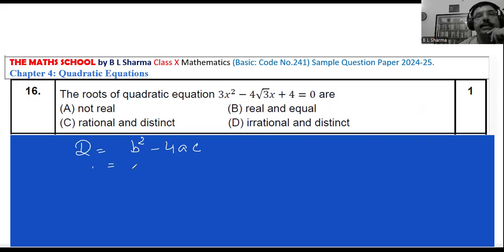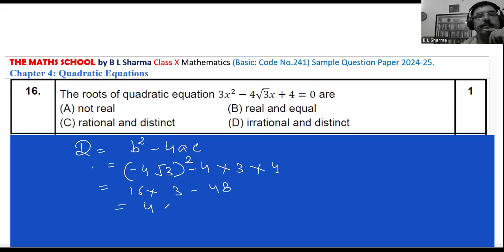You see here b is 4 root 3 whole square minus 4, a is 3 and c is 4. So 16 into 3 minus 48, 48 minus 48 is 0.